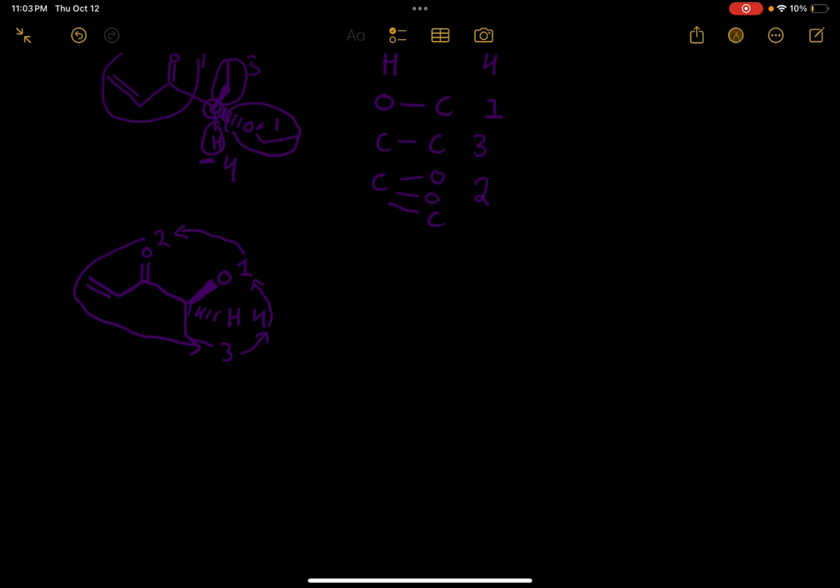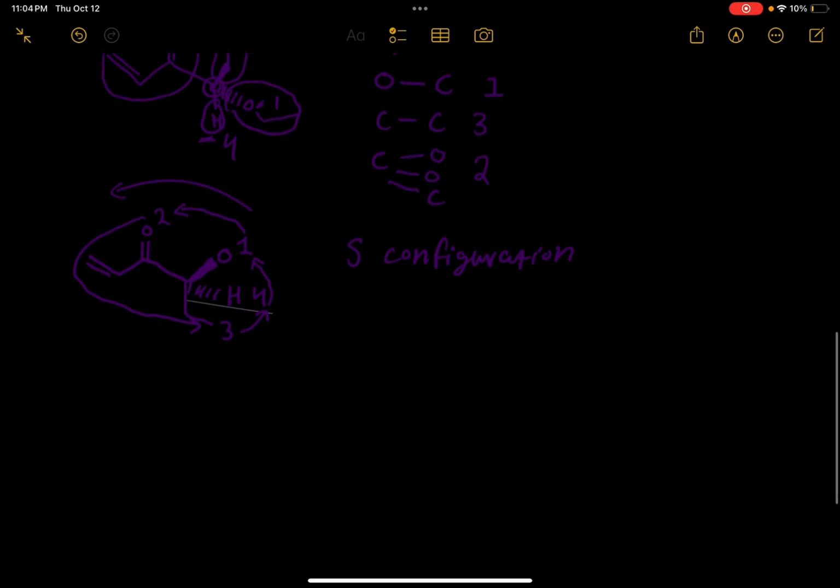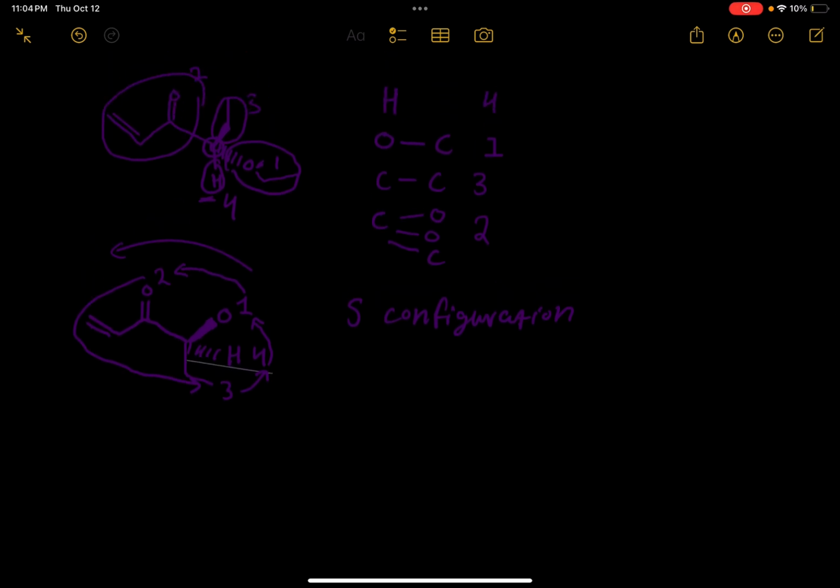And as we can see, this is an S configuration because it's moving counterclockwise, in the opposite direction of clockwise. And this was it. I hope this was helpful.